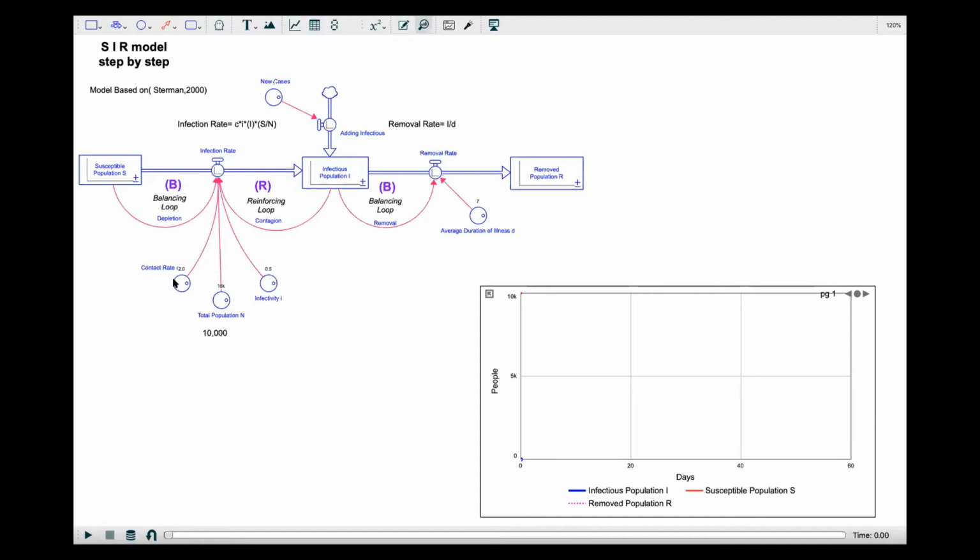The contact rate is how many people you are going to infect if you mix with others. And there is nothing happening here except the average duration of illness or death before people are removed. So you can see this is empty. If I run this model, I'm going to run it step by step, because you can see things don't happen quickly. This is like when you see the reporting of data.